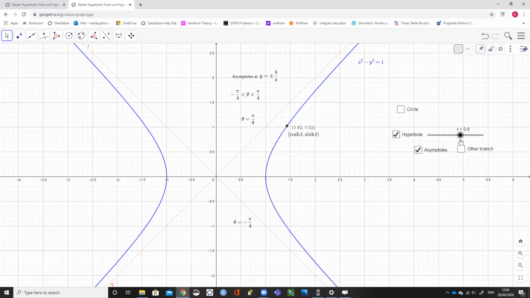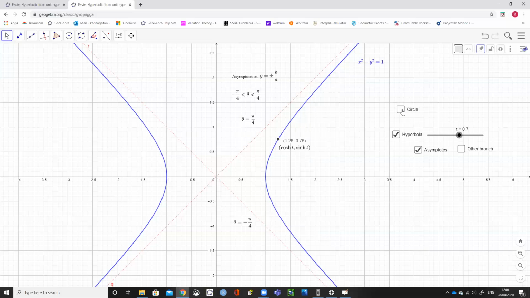So we call the coordinates hyperbolic cosine t, cosh, hyperbolic sine t, sinh. Now there's a few different ways of saying that. I prefer to say hyperbolic cosine, hyperbolic sine. As we move the value of t, we're moving where we are on the hyperbola. So this is kind of a definition.